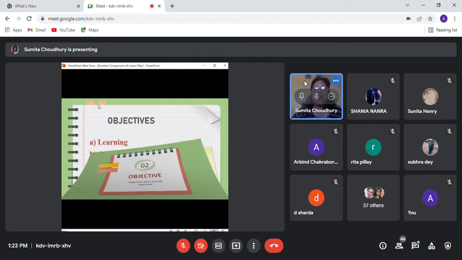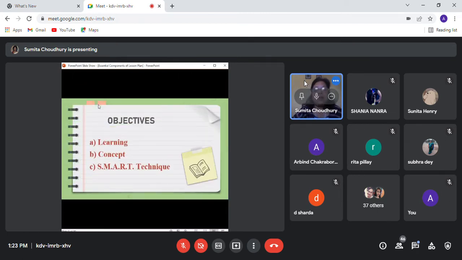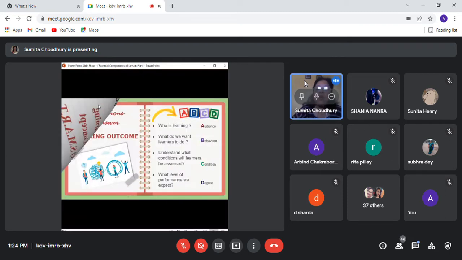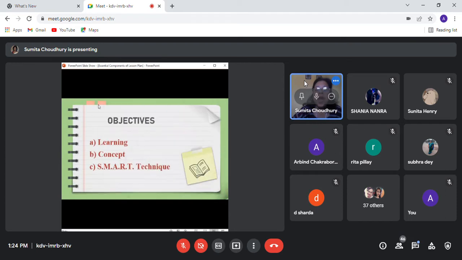Then I am going to the next slide, objectives. It includes the following points. Learning. Determine what you want students to learn and be able to do. Concept. Focus on the concept or skill which you intend to teach. Use of SMART technique.